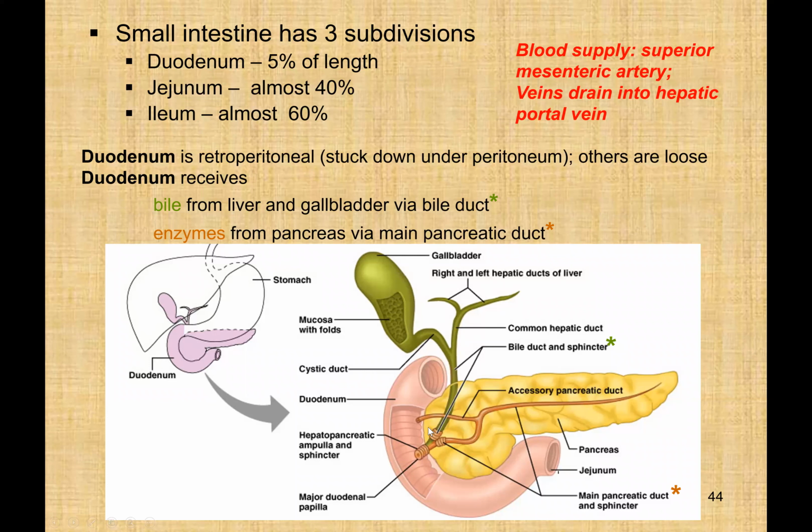The bile will then meet the pancreatic amylase at the hepatopancreatic ampulla. The pancreatic amylase also passes through the main pancreatic duct and is released into the duodenum. When this is done, we have the emulsification of fat and other things happening in there. This is actually done at the second part of the duodenum.